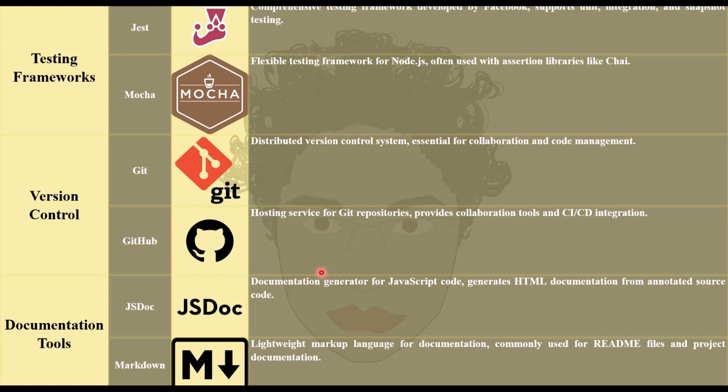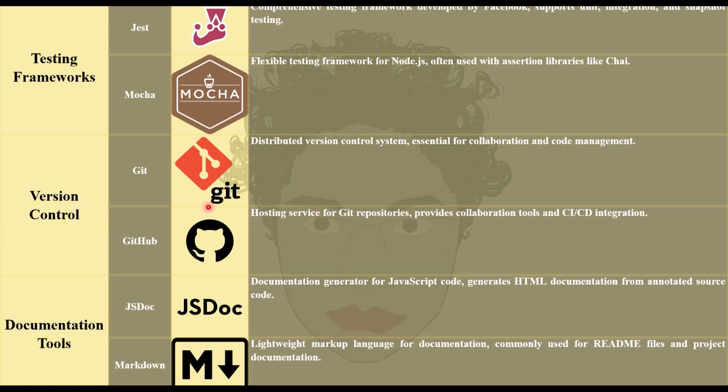They are crucial for ensuring code quality, reliability, and also maintainability. One of them is Jest, comprehensive testing framework developed by Facebook, supports unit, integration, and snapshot testing. Another is Mocha, flexible testing framework for Node.js, often used with certain libraries like Chai.